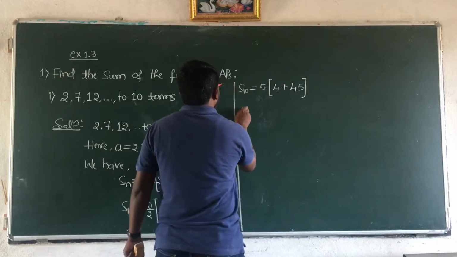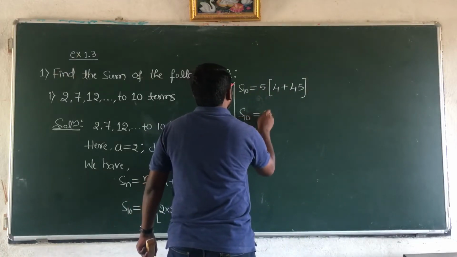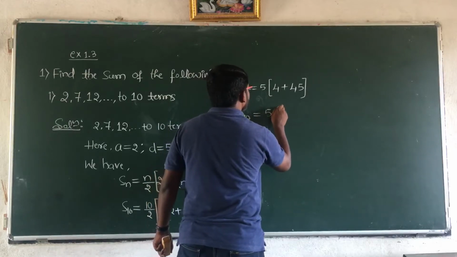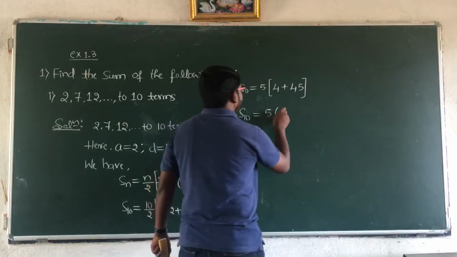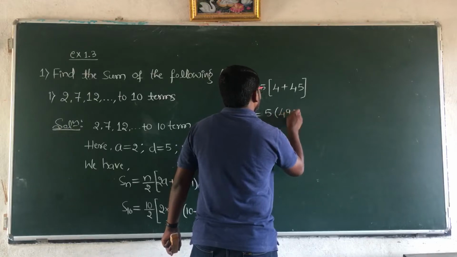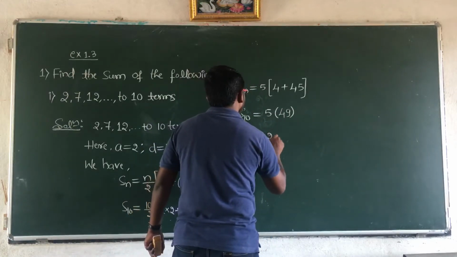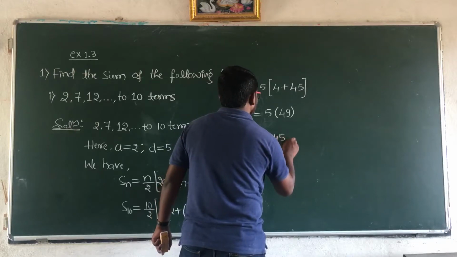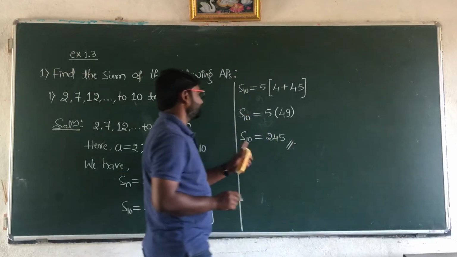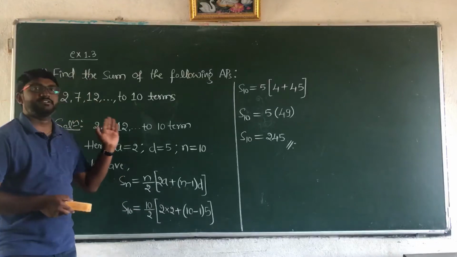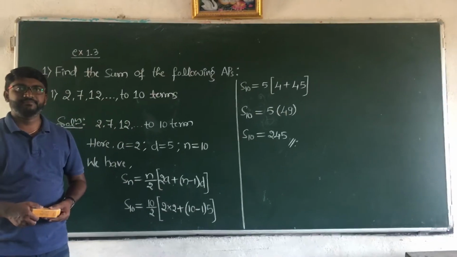So S_10 is equal to 5 into 49, which gives 245. So this is the final answer for the first sub question. Pause the video to note it down.